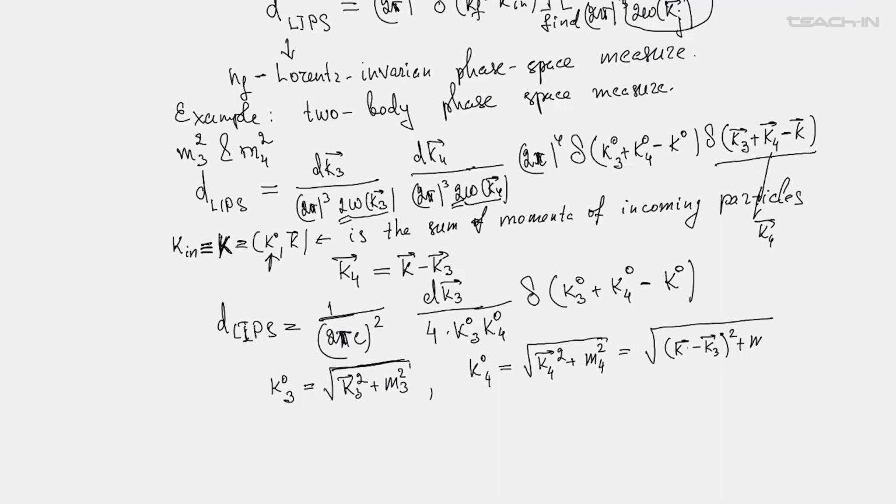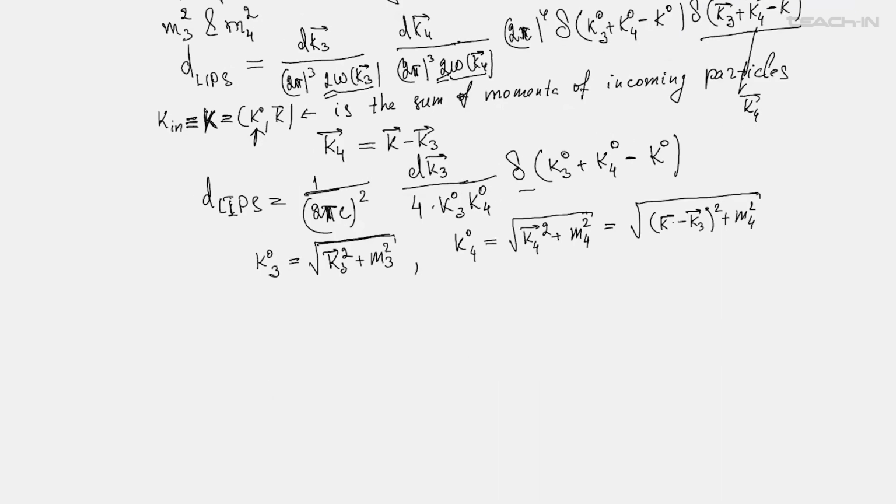Now this delta function here is telling us that k0 is equal to k30 plus k40. And k30 and k40 are given by this formula. So if you substitute these expressions, we get the following equation, which is the same as the result of implementation of conservation of energy and momentum, right?